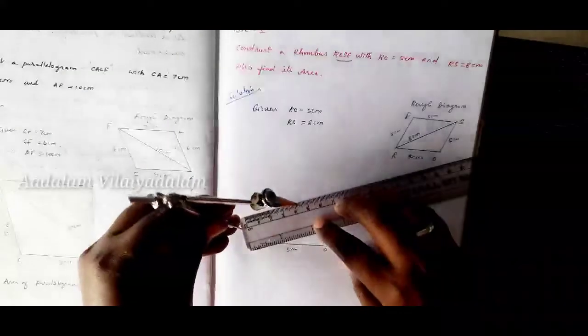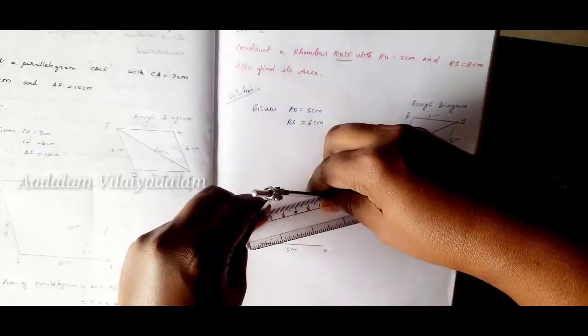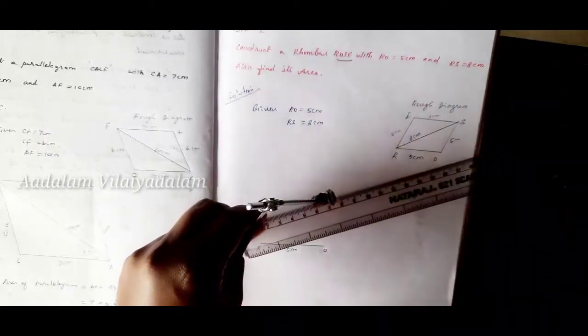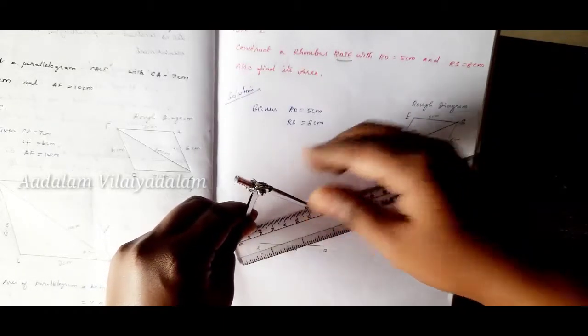Now let us draw the diagonal RS using the compass. Now take 8 cm distance in the ruler. So this is 8 cm.